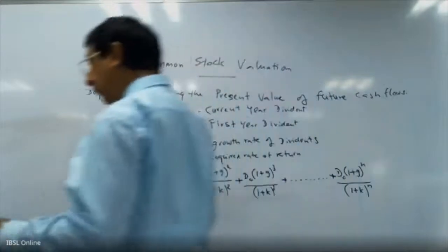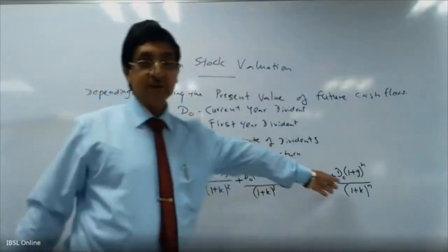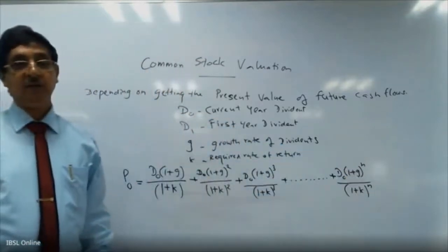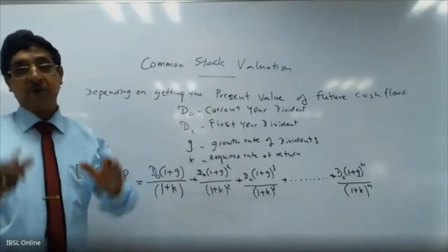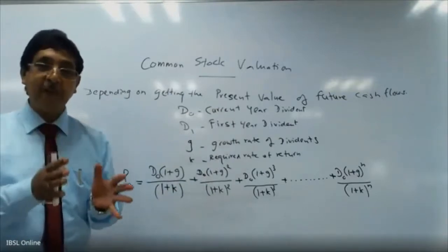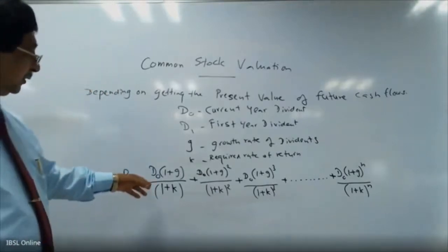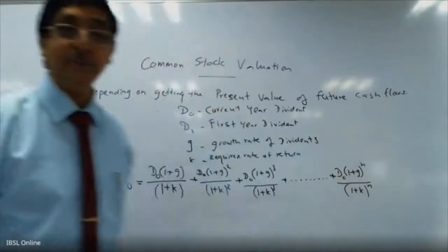Now we will see how we can simplify this. This is a long series of terms, so we try our best to put it into a very simple formula. Now look at it. You can see D0 is everywhere. It is a common term.